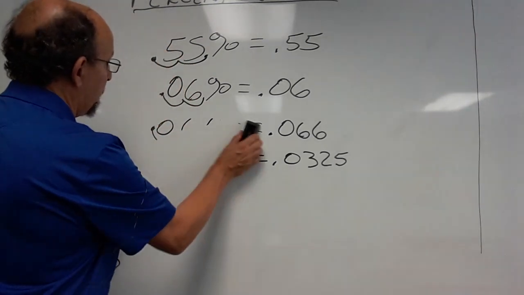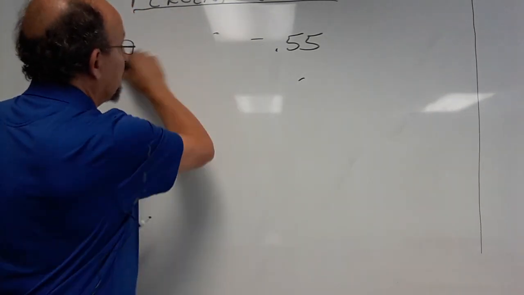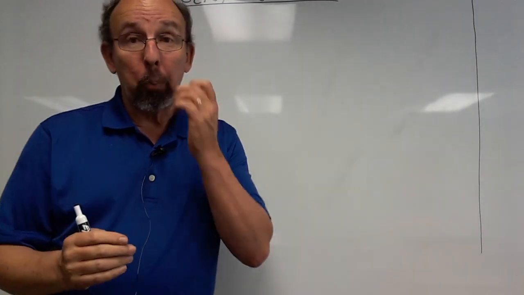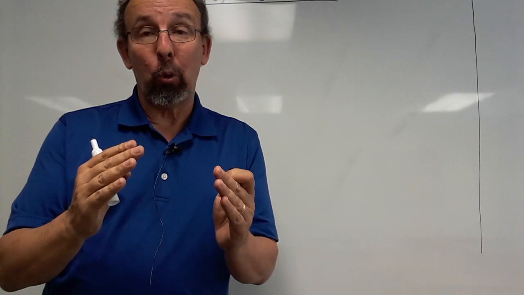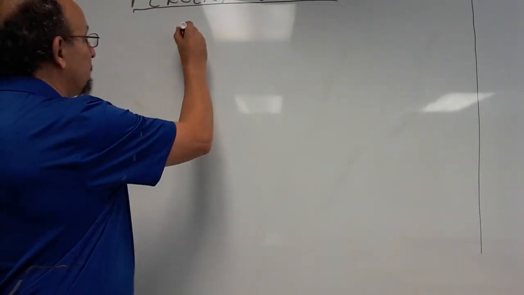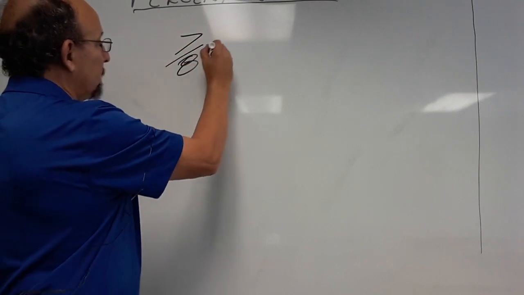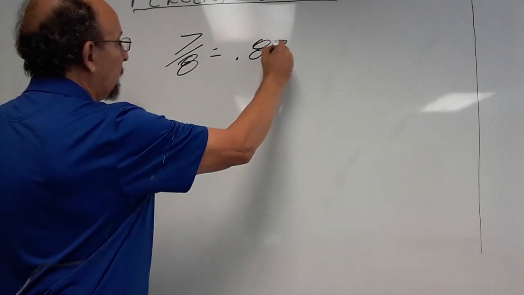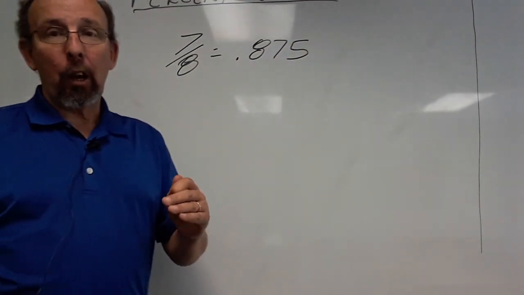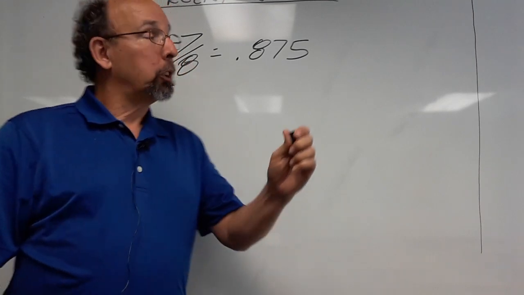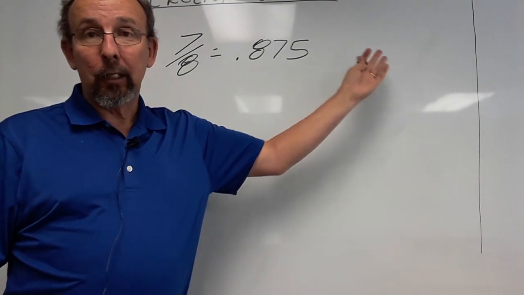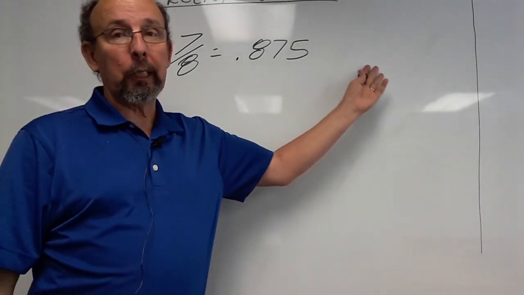All right, now, let's take a look. Remember I told you page 79. You need to know page 79 because that's your decimal fraction equivalent chart. On that page, you'll notice things like 7/8 is equal to 0.875. Now, let's take another rule, changing a decimal to a percent.